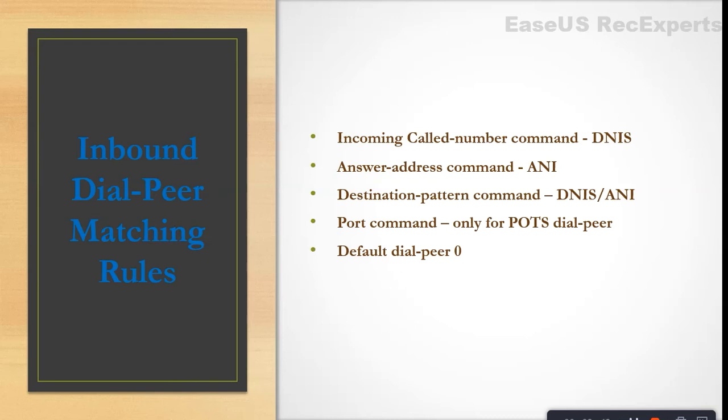I'll summarize those again in a while. And last is the default dial pair 0. This is used when you don't have a matching dial pair, but it is better not to use it. You cannot change its configuration. So it is better to configure dial pairs so your router uses the configured ones, because there are a lot of limitations in default dial pair 0. It is better to avoid this.